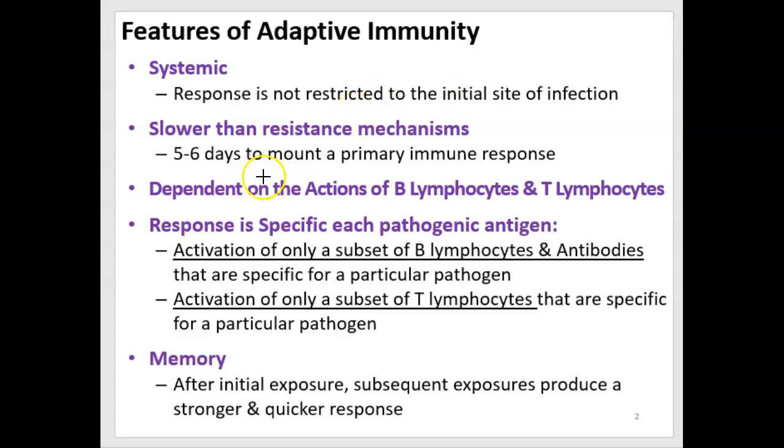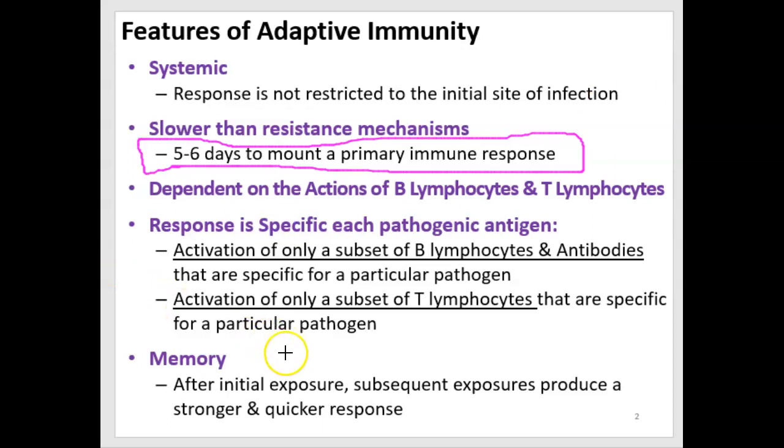But adaptive immunity takes 5 or 6 days to really mount a full-fledged response that can eradicate a pathogen, or at least decrease your symptoms and eradicate the pathogen.